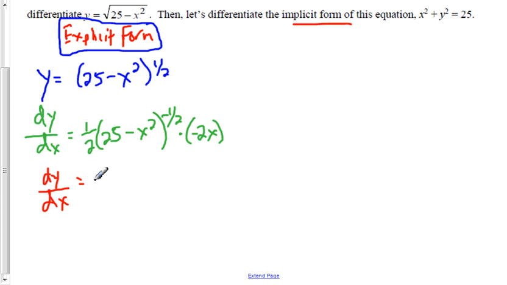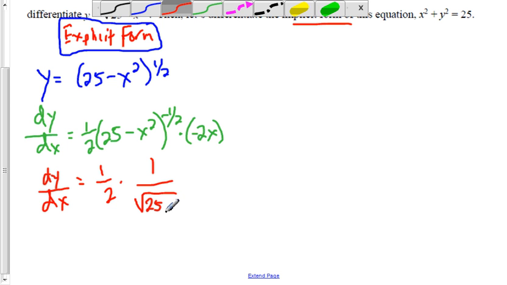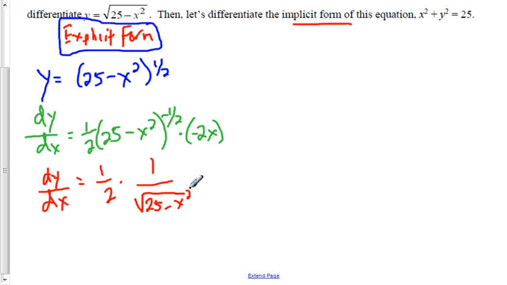All right, so now let's simplify this. dy dx equals 1/2 times 1 all over, and so this part, the 25 minus x squared, is to the negative 1/2 power, so I'm going to put it from the numerator to the denominator, and instead of writing it as a rational exponent, I'm going to put it under the radical, 25 minus x squared, and then times negative 2x over 1.